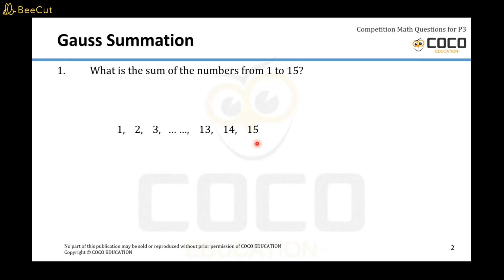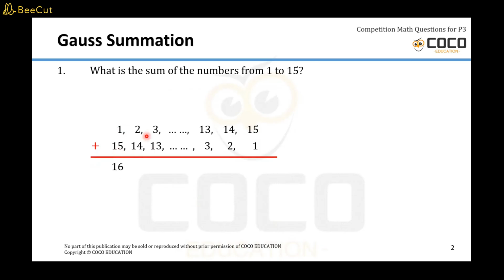Next, we can write these numbers in a reverse way, which is start from 15, 14, 13, and so on until 1. And then we add these two sets of numbers together. You will see that 1 plus 15 equals 16.